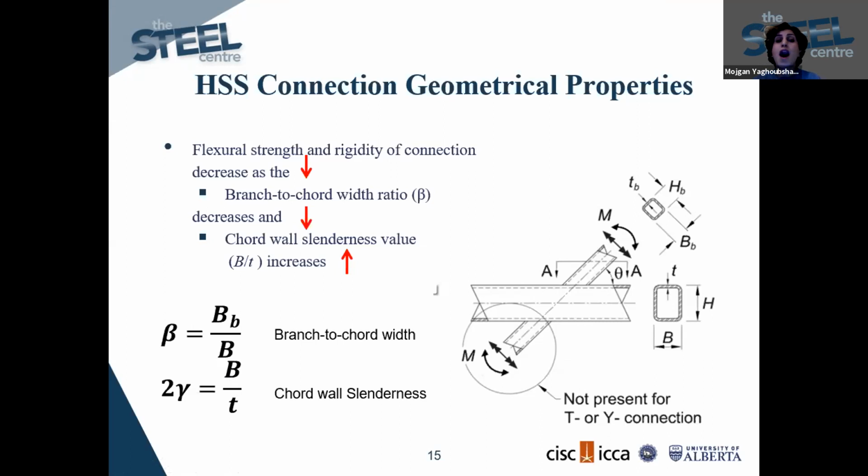So as the branch to chord width ratio, which is beta, decreases, and the chord wall slenderness value increases, the rigidity of the connection decreases.